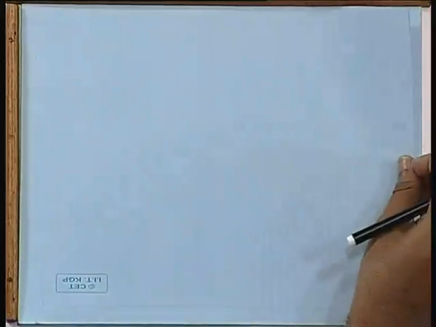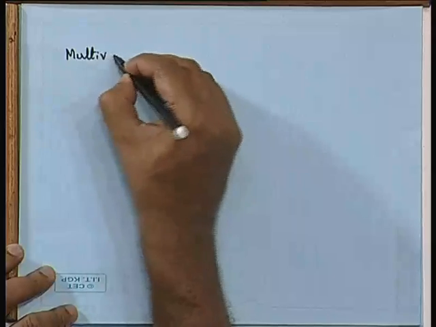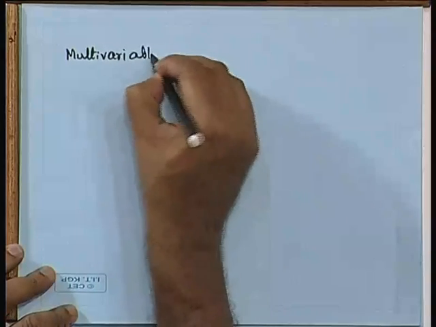Is that clear? Now, that basically results in a multidimensional interpolation, multivariable interpolation. So, we are considering multivariable interpolation.